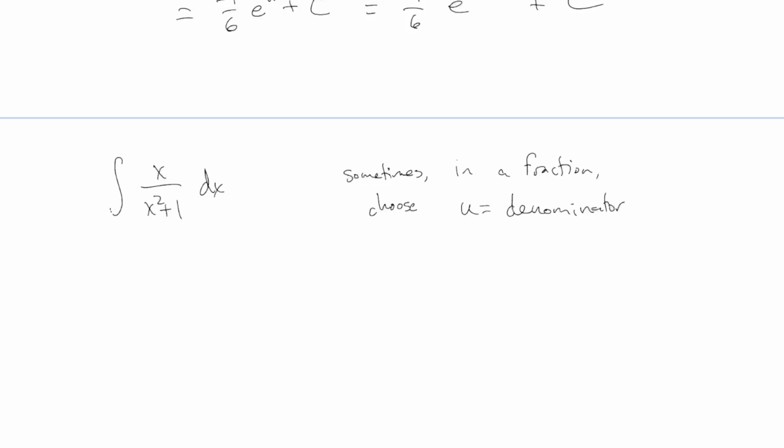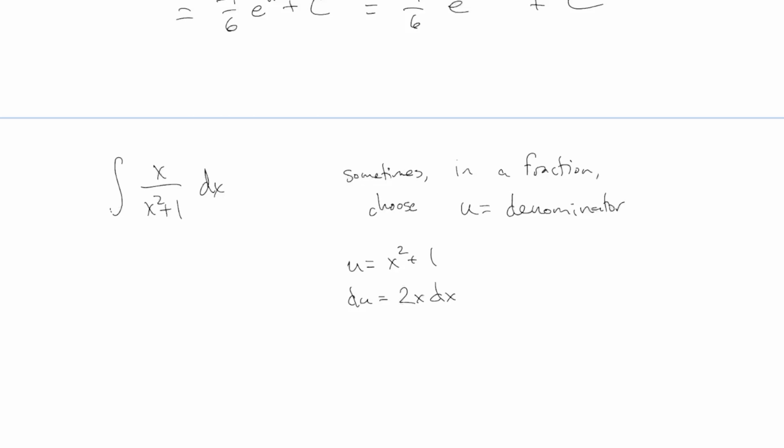If you see a fraction there, sometimes it is appropriate to choose u to be the entire denominator. Let's see what happens. Just take my word for it. u equals x squared plus 1. That would be the choice of the u. And then du, as usual, is the derivative of that, which is 2x, followed by dx.